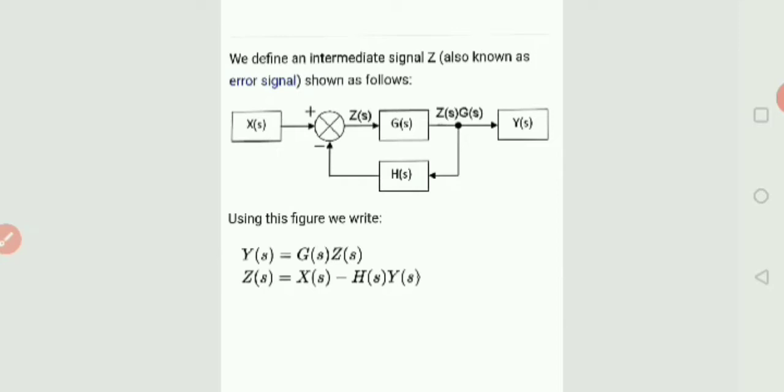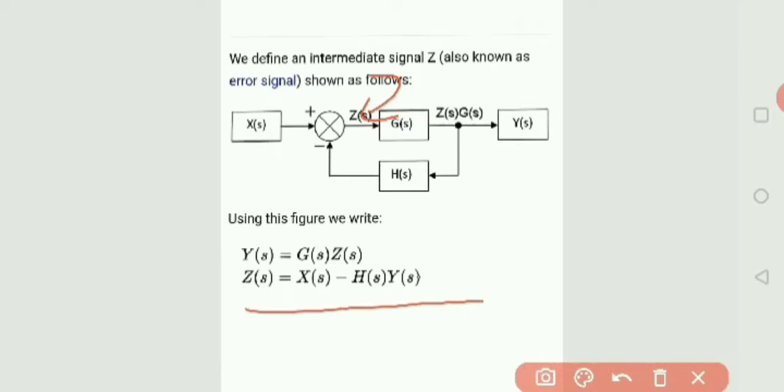Before that, I want to get the value of the error signal. Here you can see Z(s) equals X(s) minus H(s) into Y(s), where H(s) is the feedback element and Y(s) is the output.